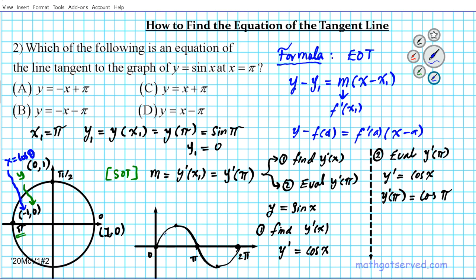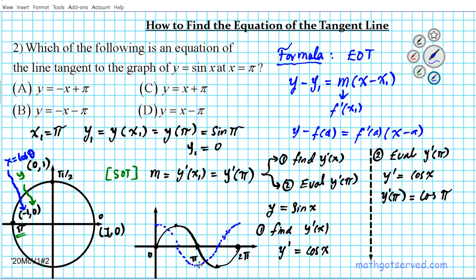Alrighty, or you can use the graph. So let's draw. So this is our sine, right? You want to draw a cosine. It's going to look something like this, something like that. Okay, so there goes the cosine right there.